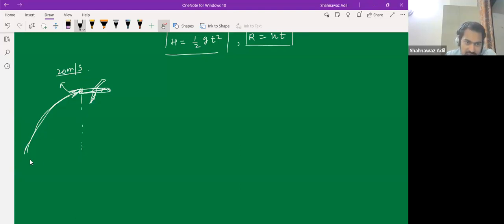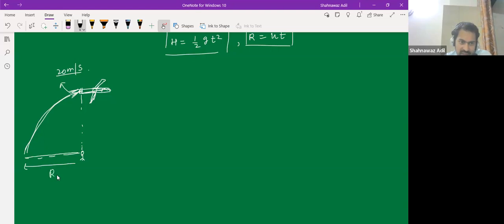How much distance does this boy have to cover to get that? Is this height or range? What do we need to calculate? This is the range, the distance.